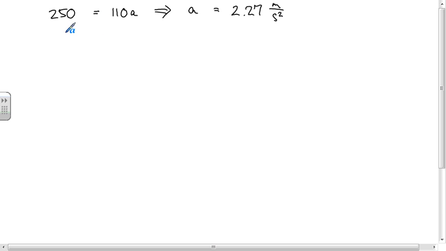And the second one, I didn't ask for this in this problem, but it says that negative 1079.1 plus N is equal to 0. So that gives us that N is equal to positive 1079.1 newtons.